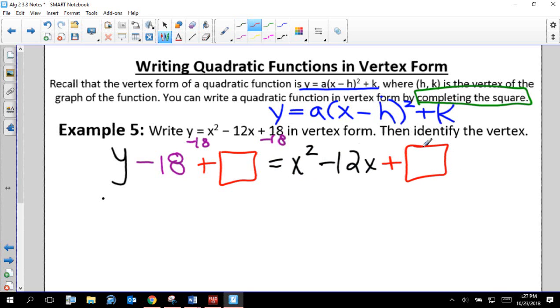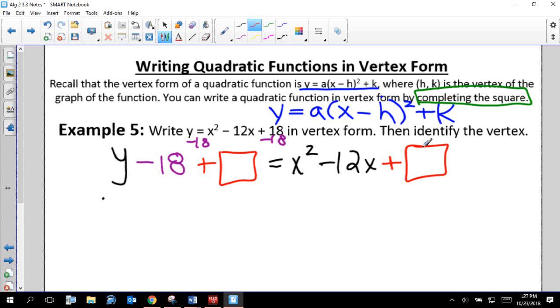Why am I putting a plus square? Because we're going to complete the square. That's how we're going to get it to vertex form. Now, these are on different sides than they were before. If it absolutely bothers you, switch sides. You'll just have to switch it back at the end.